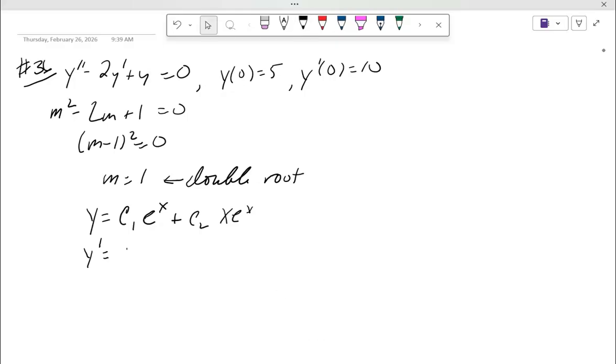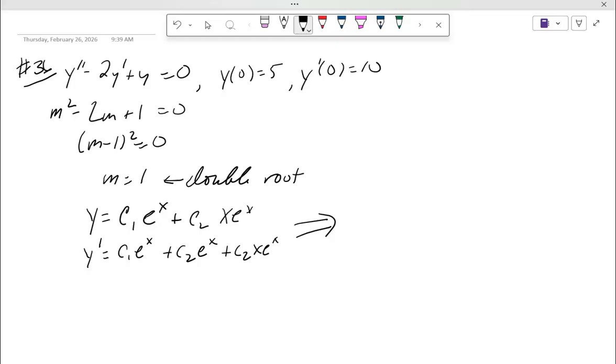C1 e to the x plus C2 e to the x plus C2 x e to the x. Good. Don't forget to do your product rule on that second term, right? So now let's plug in our values. What equation do you get when you use the first initial condition, the y of 0 equals 5?